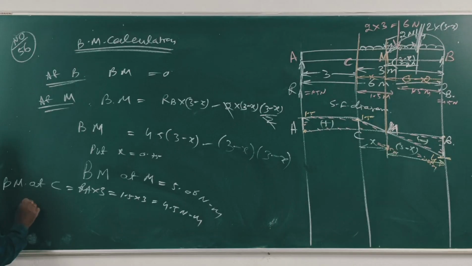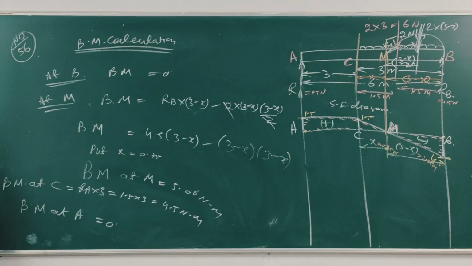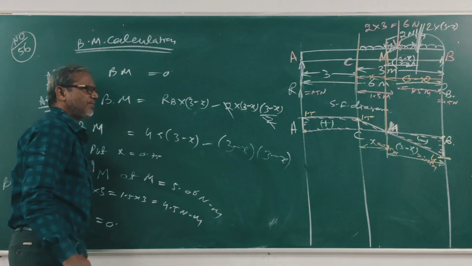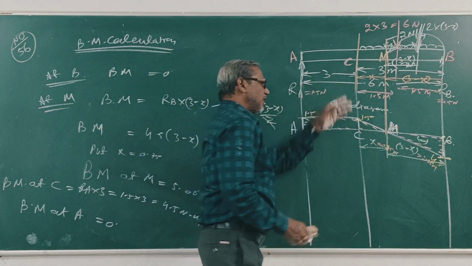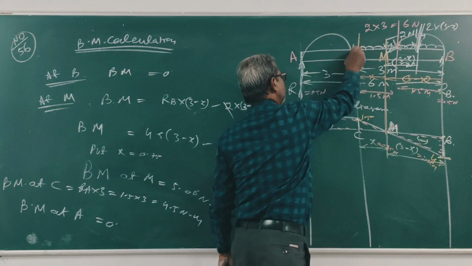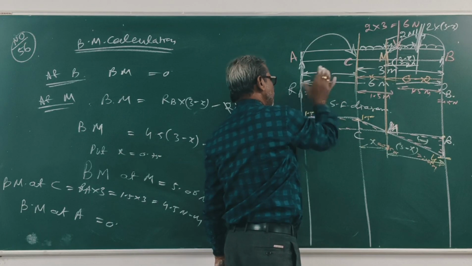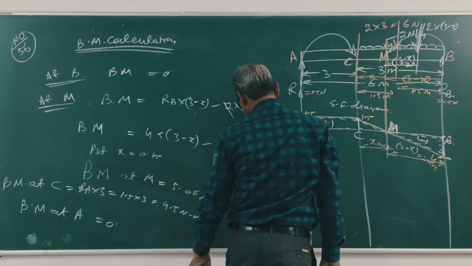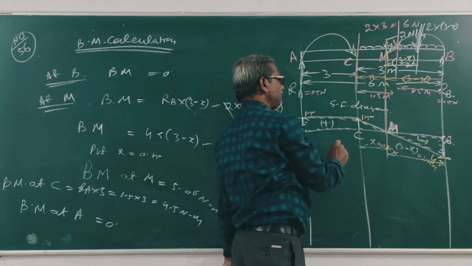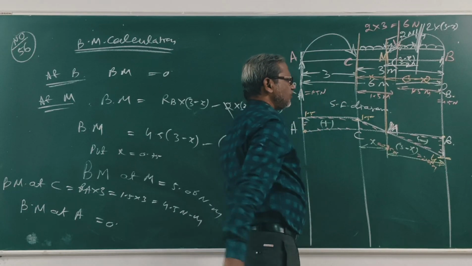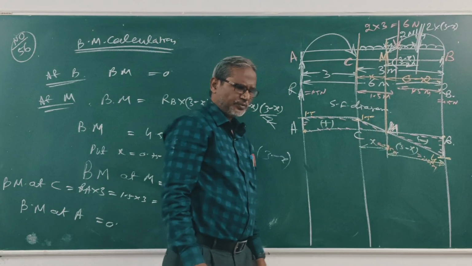At A, BM at A is 0. Right? At A, 0. At C, what is this value? 1.5 into 3 means 4.5 Newton meter. Right?